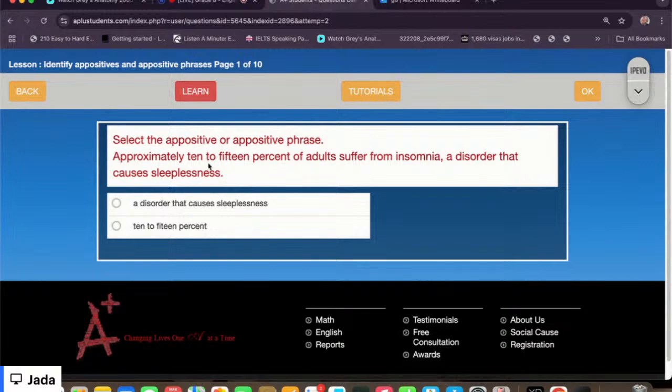All right, so select the appositive or appositive phrase. Approximately 10 to 15% of adults suffer from insomnia, a disorder that causes sleeplessness.